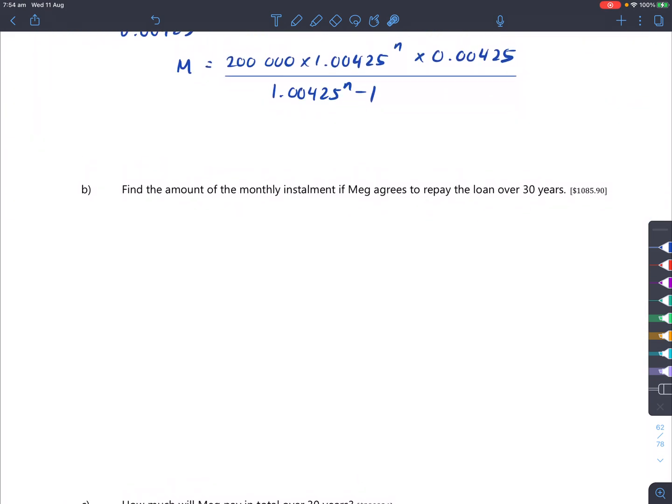Then for question B, it says find the amount of monthly installment if Meg agrees to repay the loan over 30 years. So 30 years represents 30 times 12 months, which is the same as 360 months. So we're just going to substitute in n as 360.